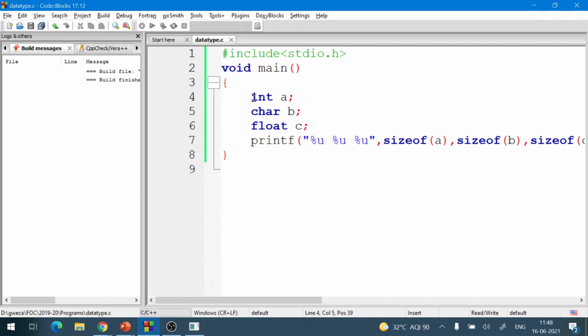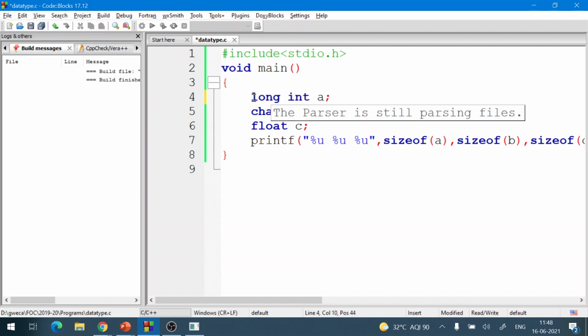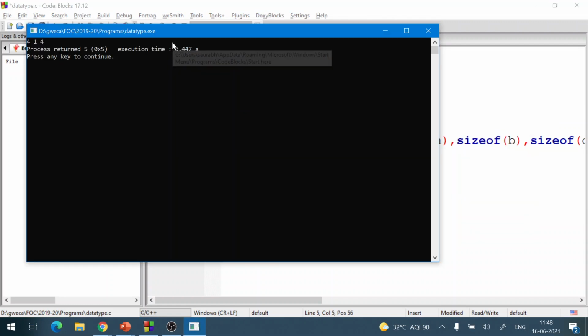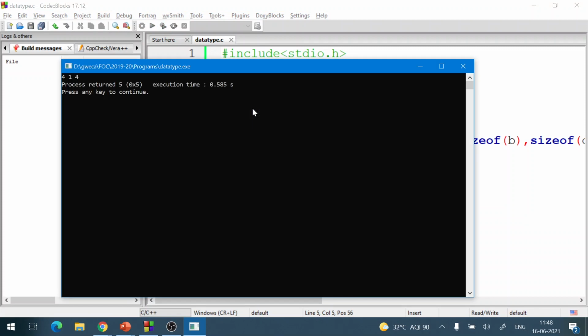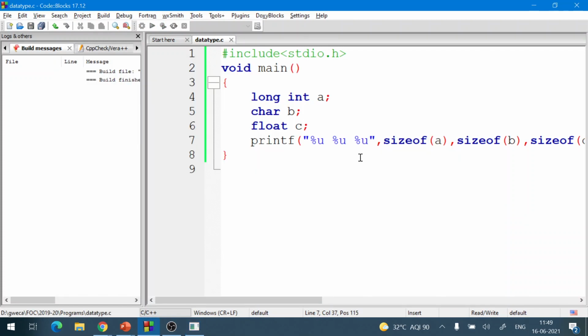Now if I put it as long int, then what happens? Let us see the difference. For long int you can see the size is 4 only. So the size remains the same with long int also.